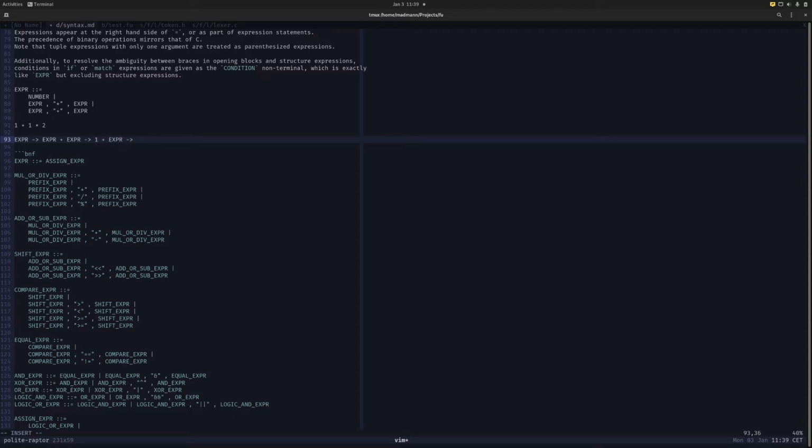Then I can say that the other expression on the right is a multiplication expression, so 1 plus expr multiplied by expr. And then I can say that this is 1, so just to show the priority here, 1 plus 1 times 2.